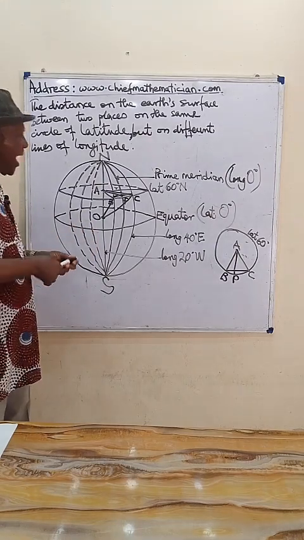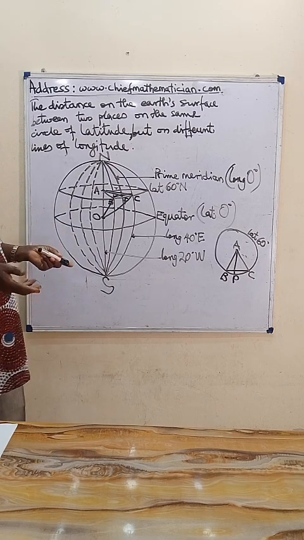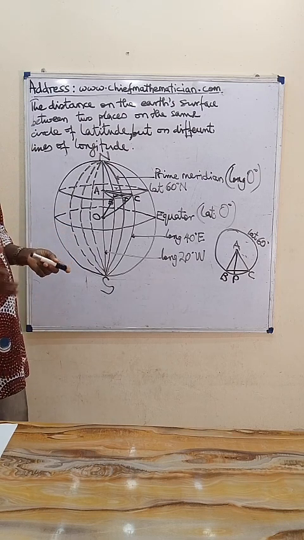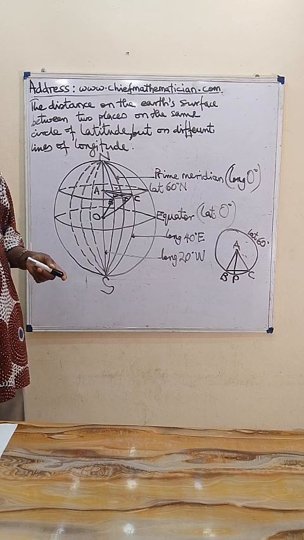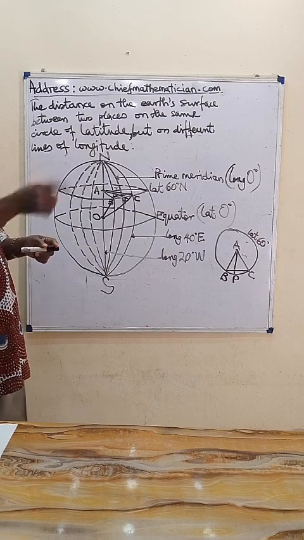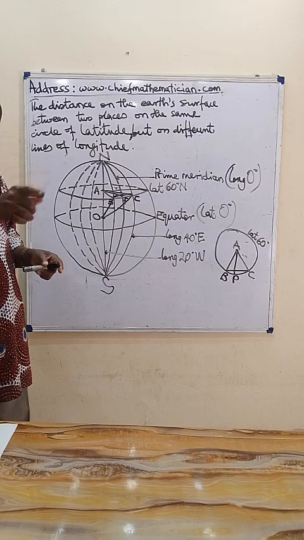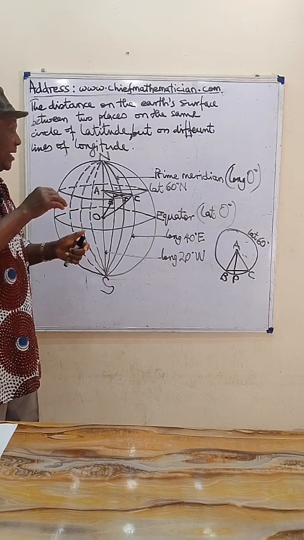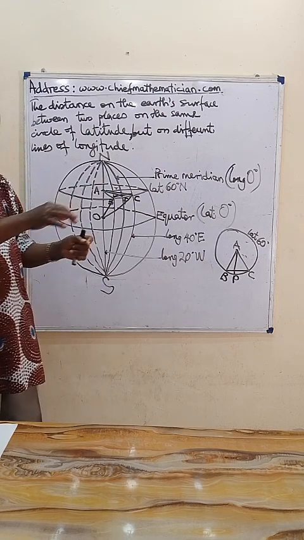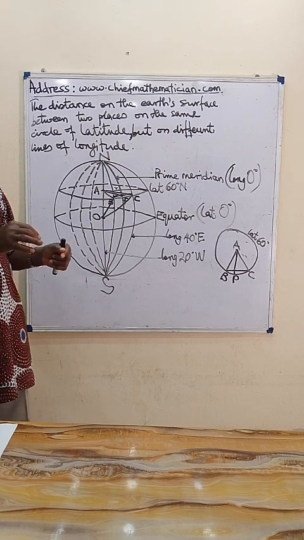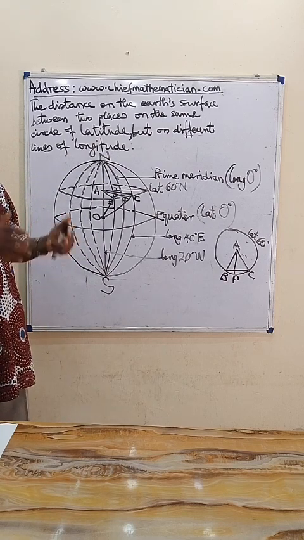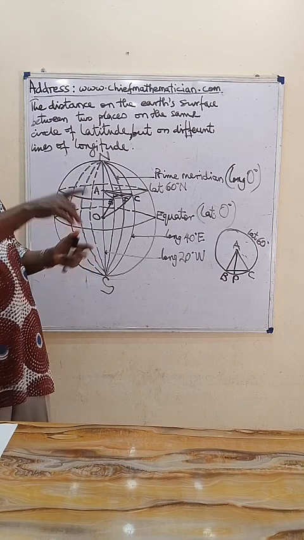Now, I'm making this point because in some problems, you may be required to calculate the shortest distance between B and C. That shortest distance is not the chord. It's not the chord, because like I said, we are on the earth's surface. We are not going to move inside the earth.